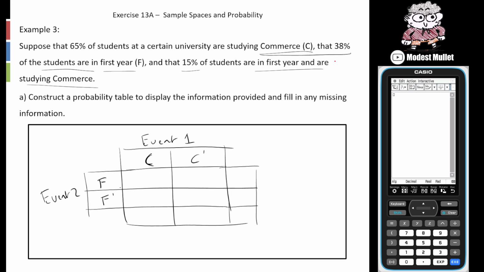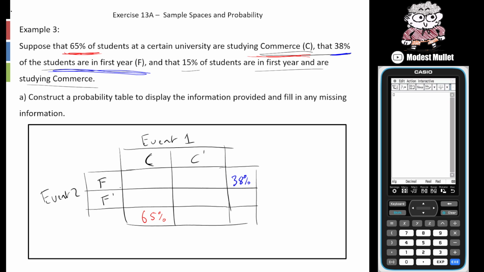So, studying commerce, so 65% of students are studying commerce. So that means 65% of all students, so that means we have to put 65% down here. 38% of students are in the first year. That means 38% of all students are in first year, so we can put that here.